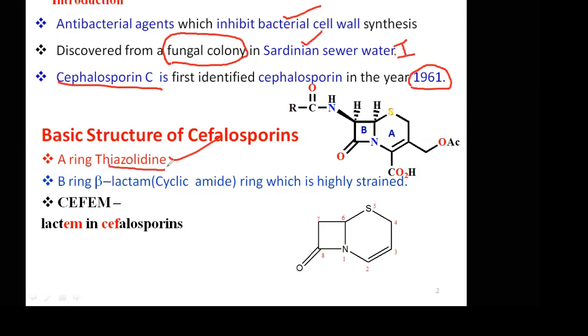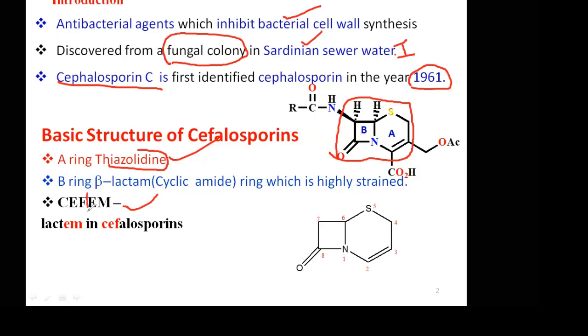It is a thiazolidine ring and a beta-lactam ring, and this whole ring system is called cephem. In penicillins, it was penem. Here it is called cephem. What do you mean by cephem? How do you get this name cephem?